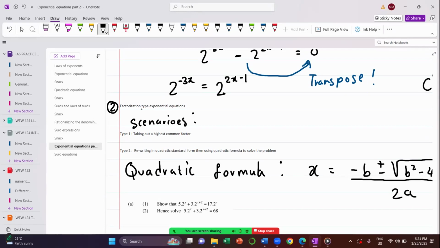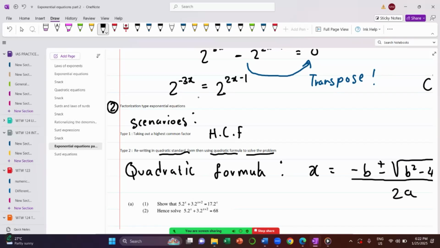I have a type 1 scenario whereby we just take out the highest common factor. And then type 2 is whereby we rewrite in quadratic standard form, then use the quadratic formula to solve the problem.